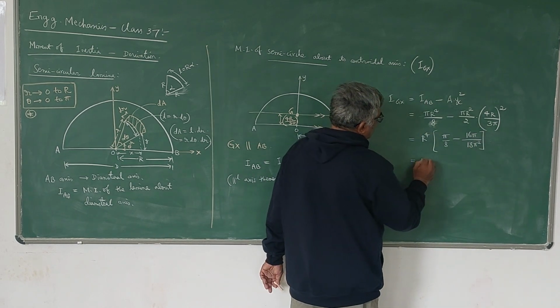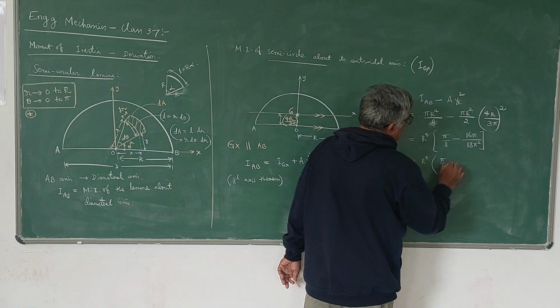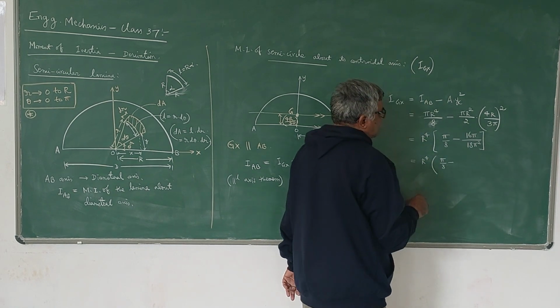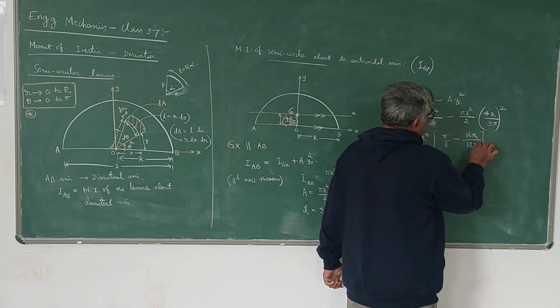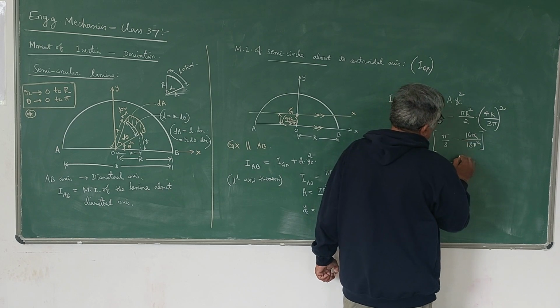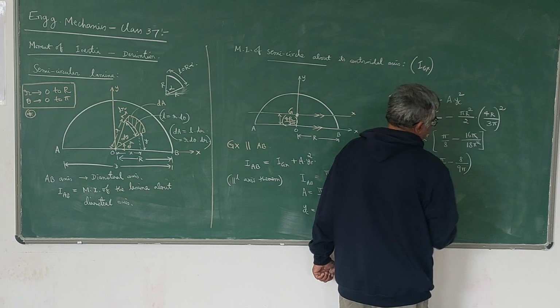Now we have to simplify this. R power 4 into pi by 8 minus, of course this becomes 16 by 18, one pi will get cancelled here, so it becomes 8 divided by 9 pi.